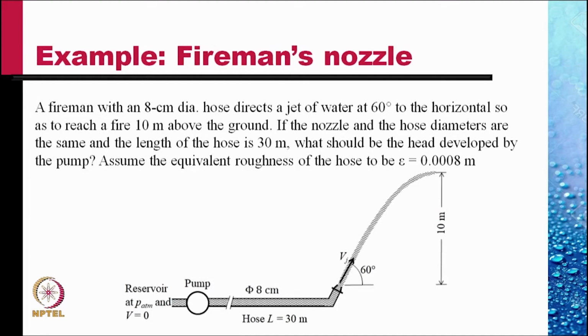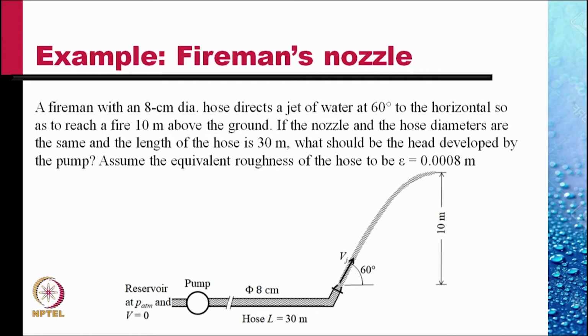We will do an example. A fireman with an 8 centimeter diameter hose directs a jet of water at 60 degrees to the horizontal so as to reach a fire 10 meter above the ground level.